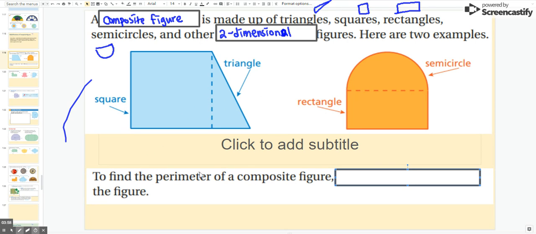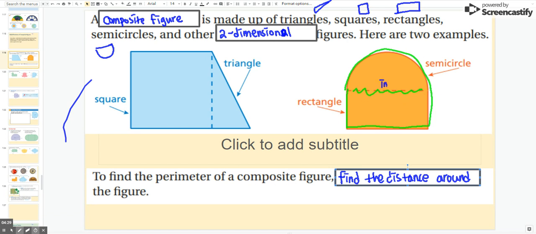To find the perimeter of the composite figure, you have to find the distance around the figure. So if I ask you to find the perimeter of this composite figure, you basically find all the distance and add them together. What about an inside? Is it around the shape or in the shape?